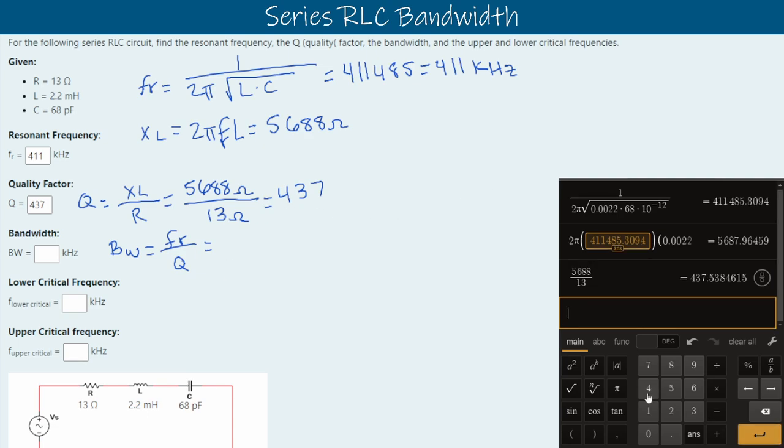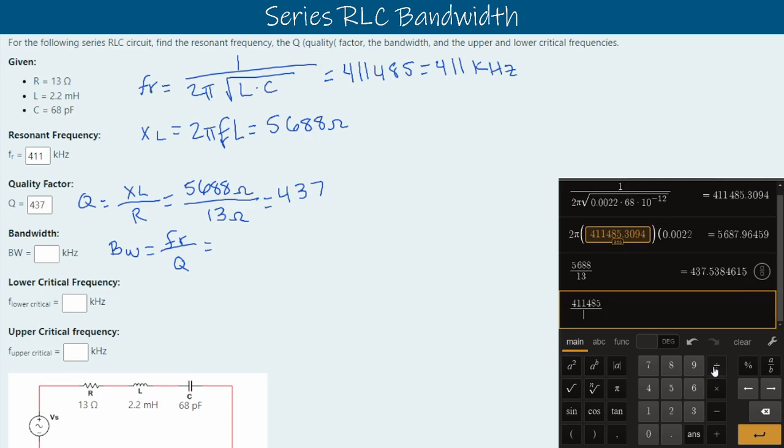We can say that we have 411,485, that's our frequency, divided by our Q factor of 437, and that gives us 942. And in this case, they want it in kilohertz, so we'll put a 0 point in front, 0.942, and that gives us our kilohertz. We'll plug that number in, so 0.942 kilohertz.